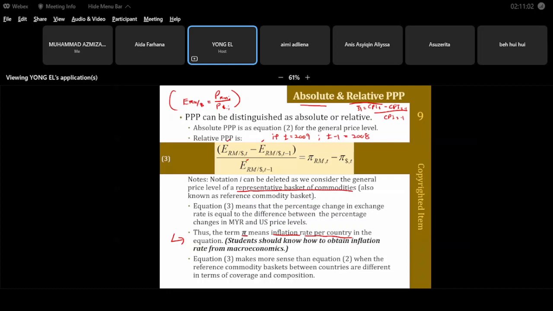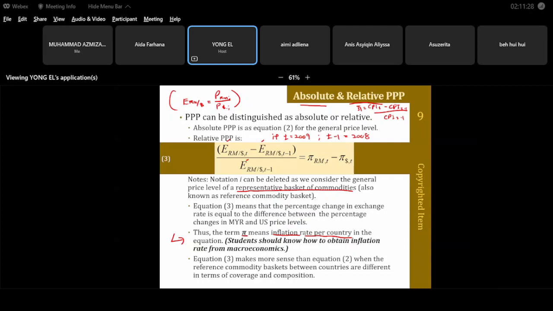If we are comparing the basket in the US and Malaysia, we may say that the basket in the US contains different products compared to the basket in Malaysia because the two countries produce different things. Not everything produced in the US is produced in Malaysia and vice versa.